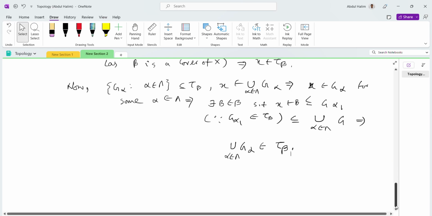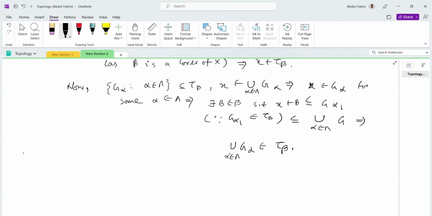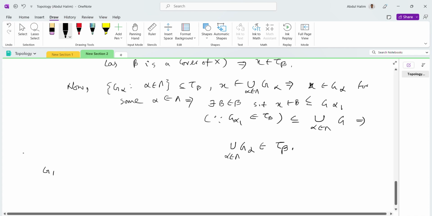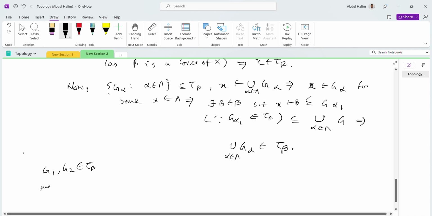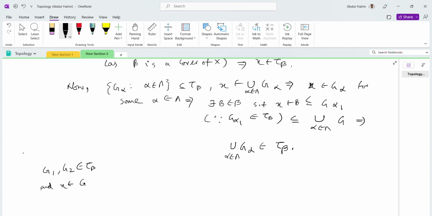Again, we have to prove that these conditions are satisfied by the topology. Then this will be the base of the topology.